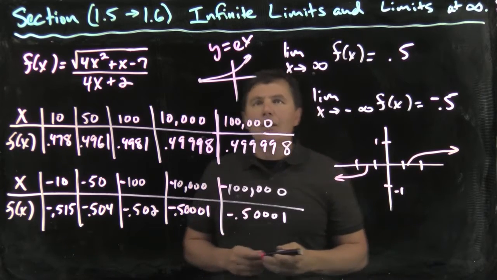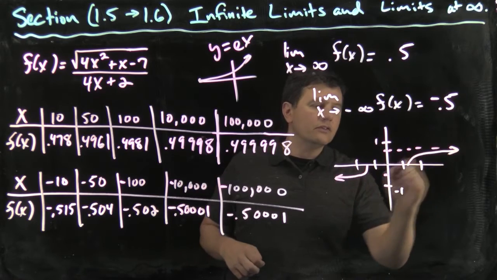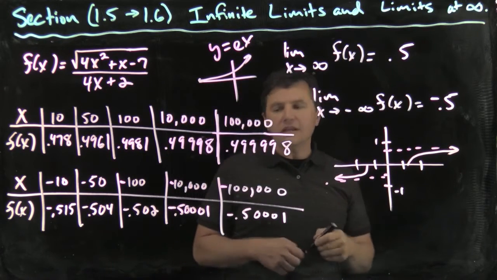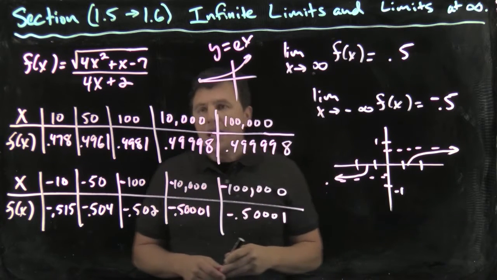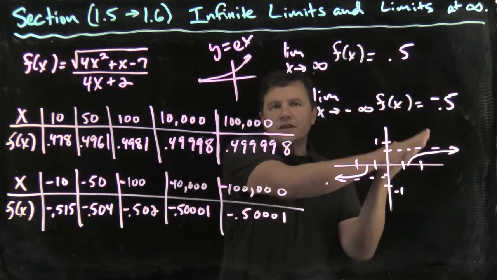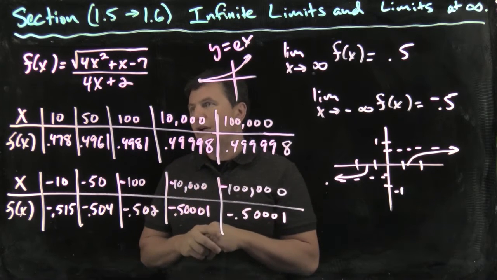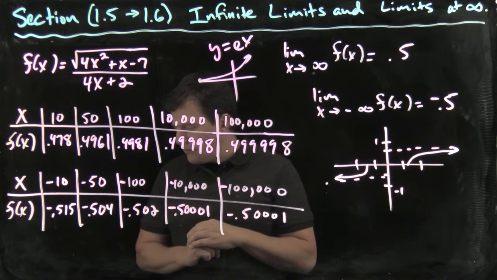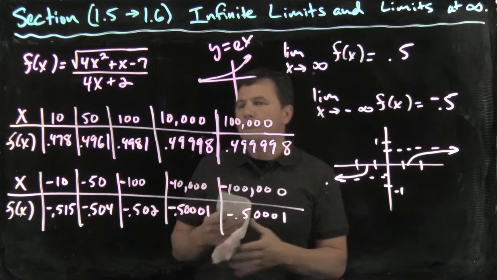Now, one thing you probably already see here is a limit that tends to a value as we go to plus or minus infinity. Well, what is that? It's just a horizontal asymptote. And just like we use limits that approach plus or minus infinity as being the definition of vertical asymptote, the same is true for horizontal asymptotes. Okay, so let's talk about that.